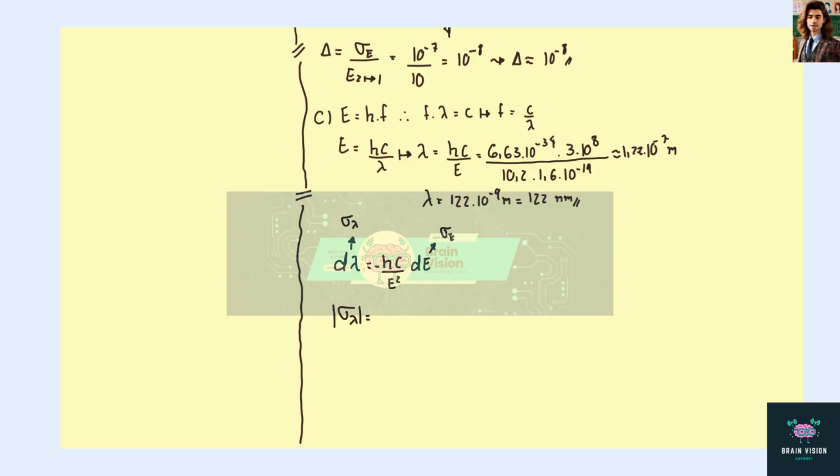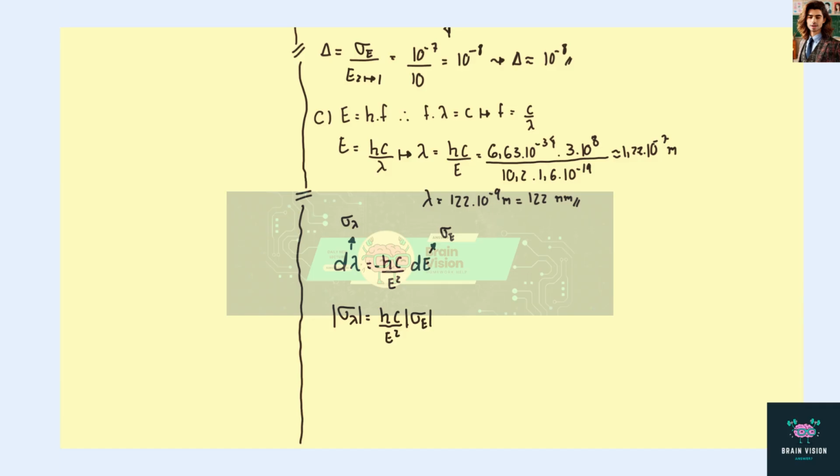The absolute value of the uncertainty in the wavelength is given by h times c divided by E squared times the absolute value of the uncertainty in the energy. Note that h times c divided by E is the wavelength.